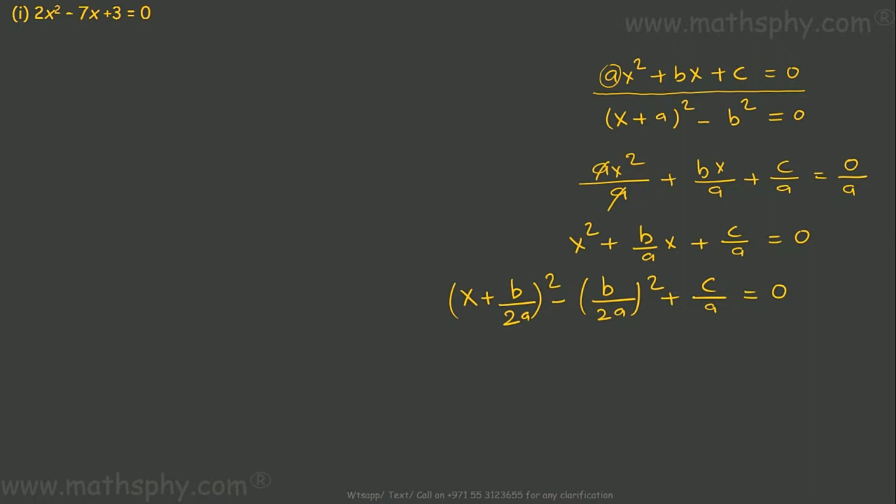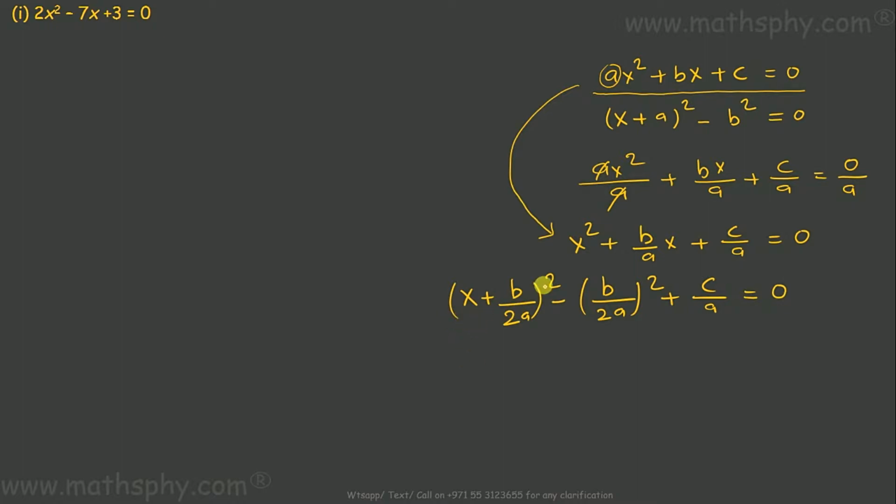Now you must be wondering, my equation was this, ax square plus bx plus c. I changed that to this one by dividing throughout by a. This gave me this. Now, this equation changed to this equation. Is this equation here and this equation here, are they equal? Let's try.